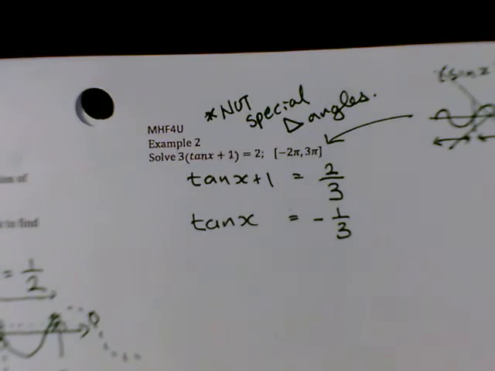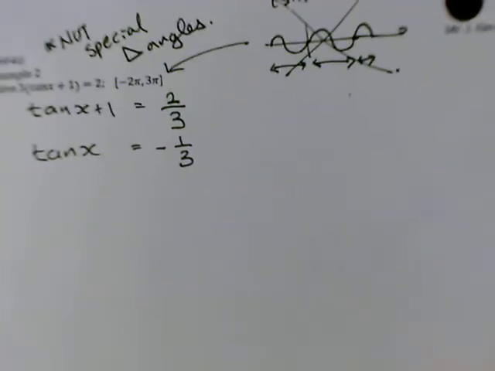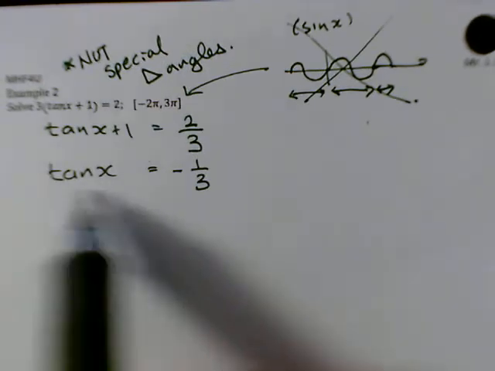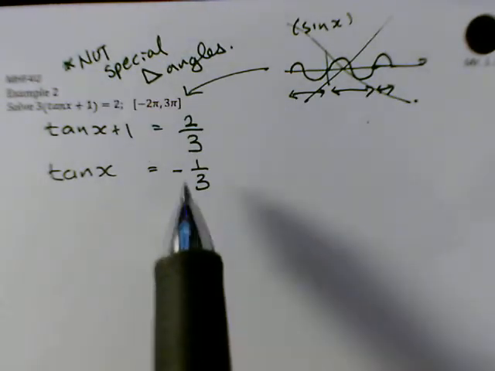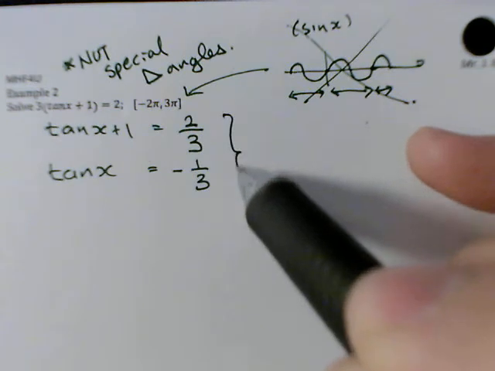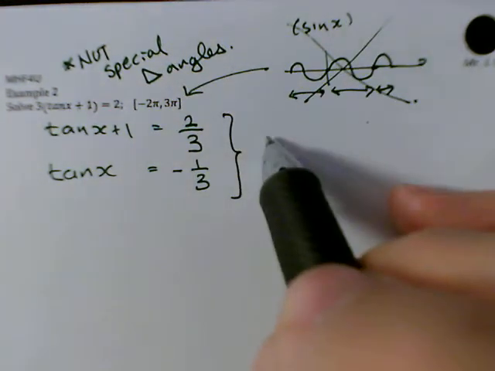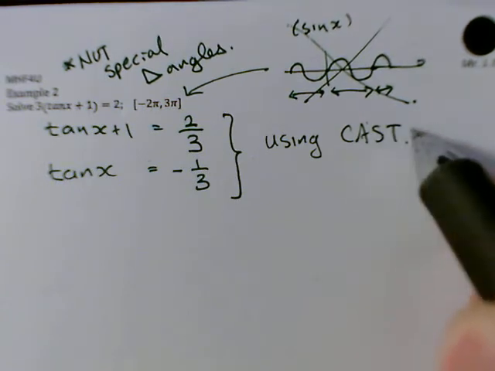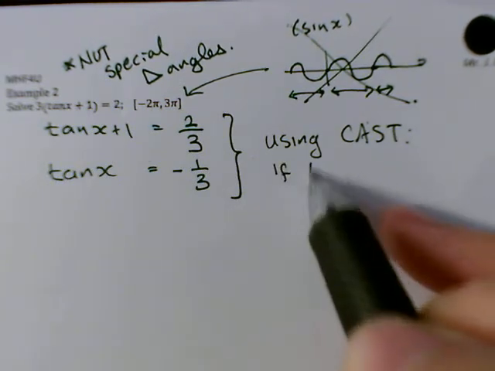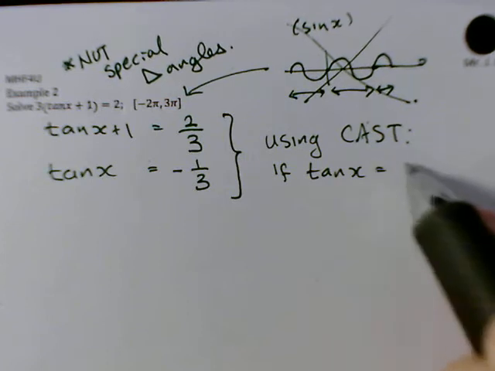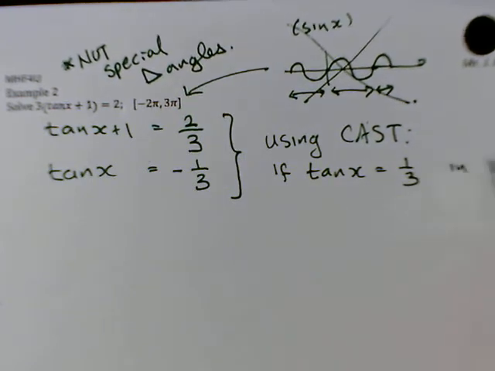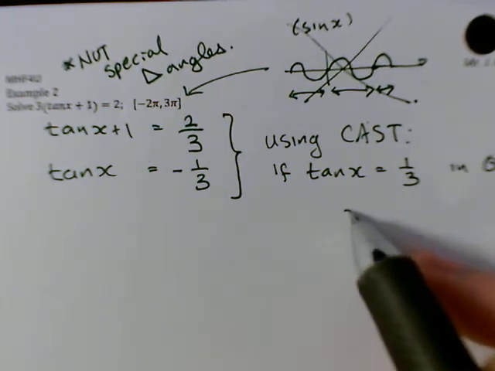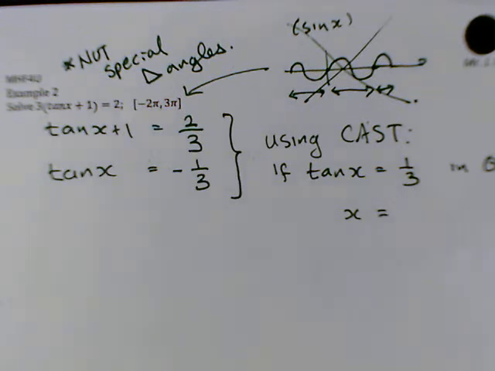If I were to use CAST rule, notice that the tangent is a negative of 1 over 3. Using CAST, if tangent x was equal to positive 1 over 3 in quadrant 1, what would my x actually be? Well, here's where your calculator is going to come in.